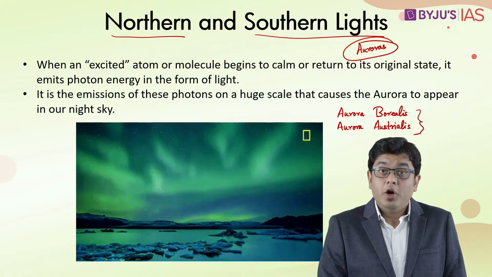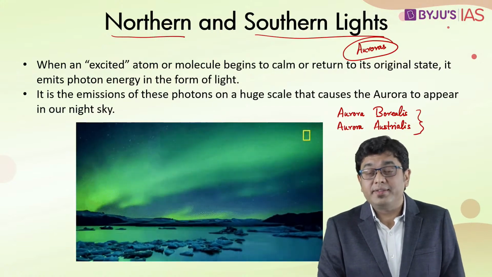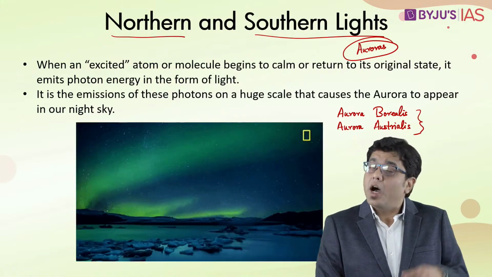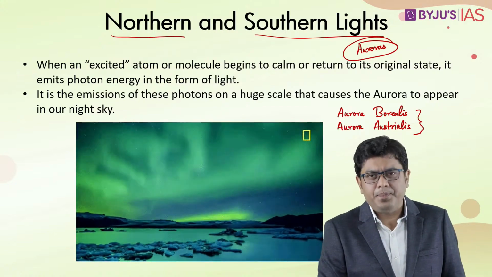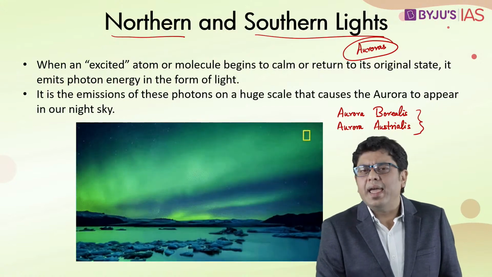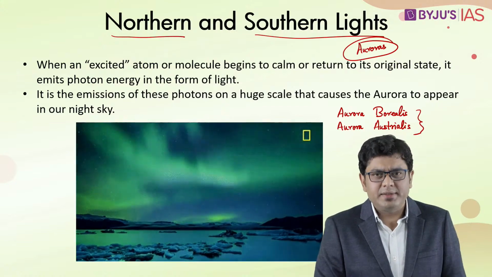So we have aurora borealis as well as aurora australis, which end up occurring along the northern and the southern polar regions respectively. But then here again, one question should automatically come into your minds.